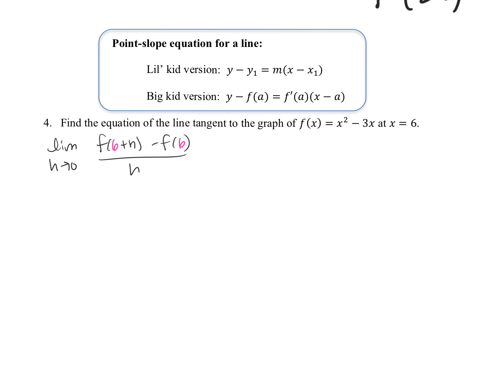So that would be 6 plus h squared minus 3 times 6 plus h. That's my f of 6 plus h. Then we got to subtract f of 6. F of 6 just says, go plug in 6 into my function. 6 squared is 36 minus 3 times 6.